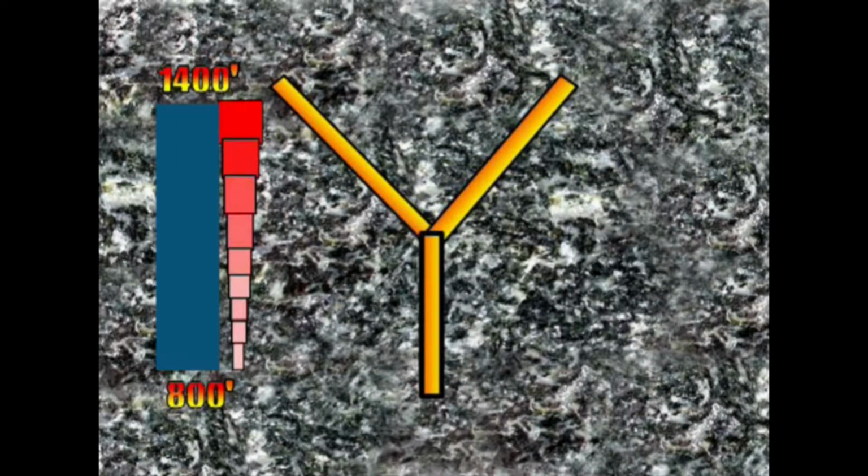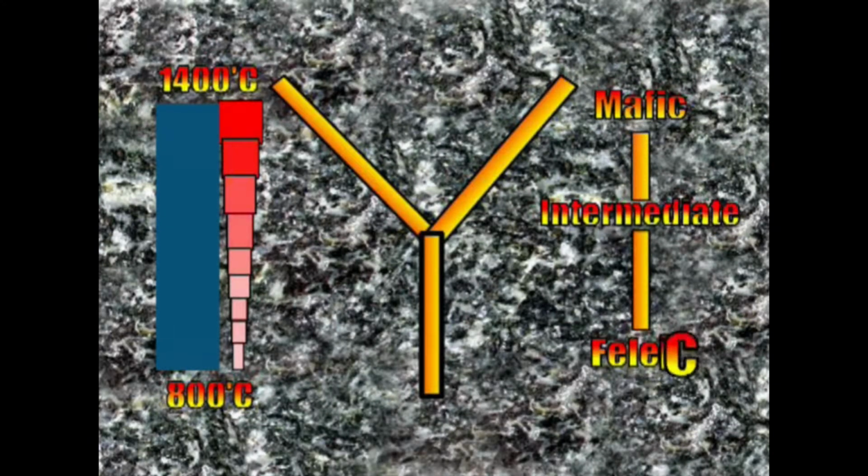He repeated this process with progressively cooler temperatures, and the results he obtained led him to formulate his reaction series, which is still accepted today as the idealized progression of minerals produced by cooling magma.